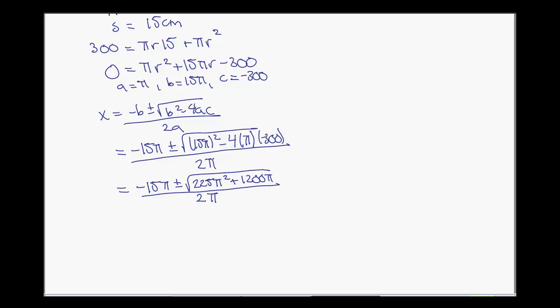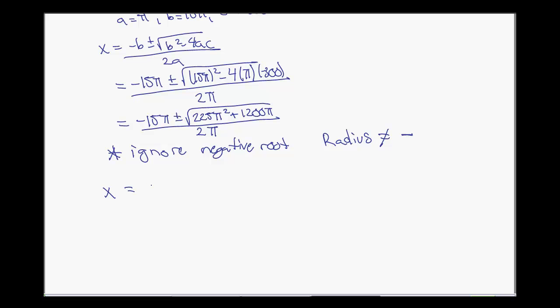From this moment on, we are going to ignore our negative root, because that will give us a negative solution, and our radius does not equal a negative. Now we have x equals negative 15 pi plus the square root of 225 pi squared plus 1200 pi, all over 2a.